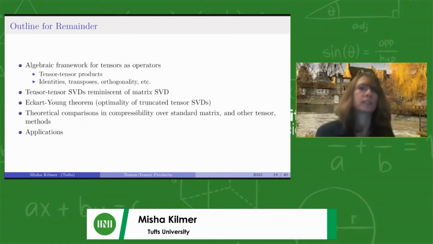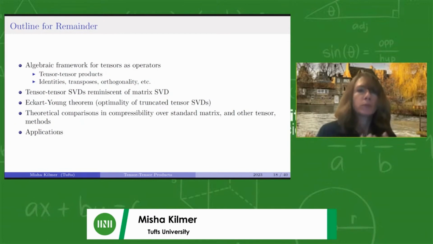What is an identity tensor? What is a tensor transpose? What does it mean to say a tensor is orthogonal, and so forth? And building on all of that, we can build up to tensor-tensor singular value decompositions that are reminiscent of these matrix-based singular value decompositions.